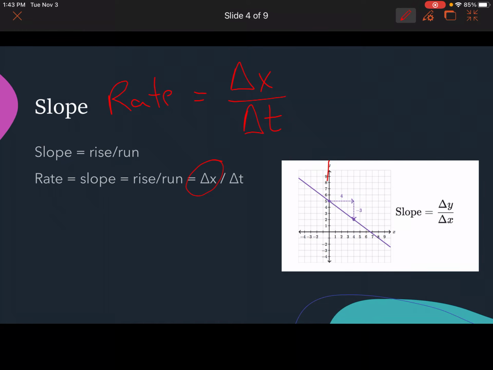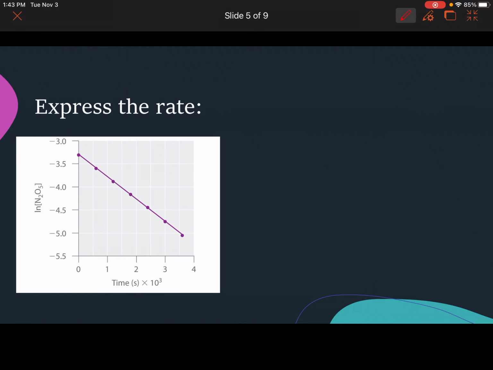Our x variable is our y-axis here, and our time is our x-axis. So if we get the slope, it's the change in y over the change in x. We can also see slope as y2 minus y1 over x2 minus x1. We're going to be using all this information here to calculate rates of a reaction, because the slope is, by definition, the rate of a reaction.